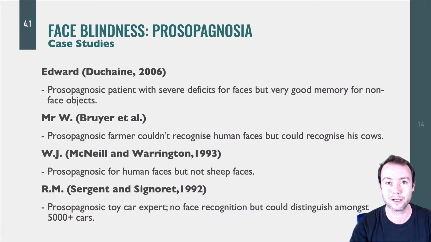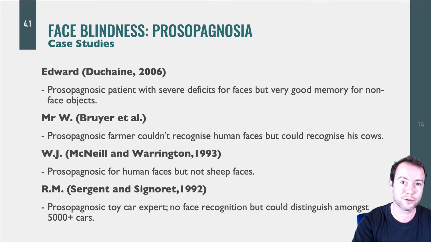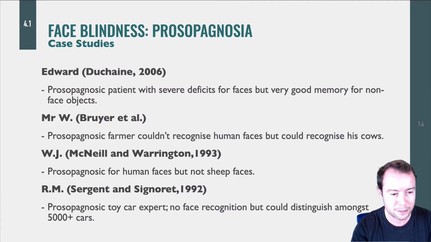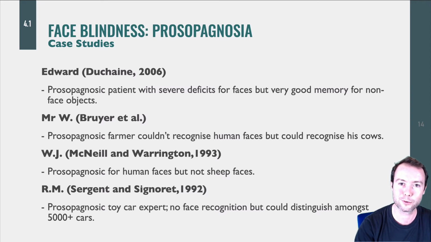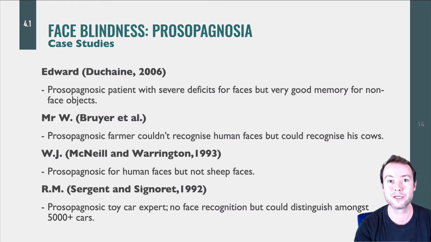So you probably then rely on the different patterns on the skin of the cows. Similarly, another farmer, WJ, prosopagnosic for human faces, but was able to distinguish between different sheep. And then patient RM, a prosopagnosic toy car expert, had real difficulty processing faces, but could distinguish between the 5,000 plus different cars that he owned. So again, you're doing fine-grained object distinction with impaired face recognition ability.